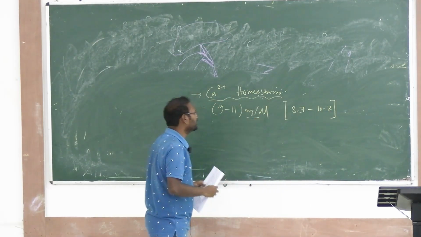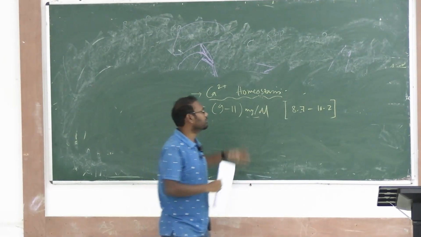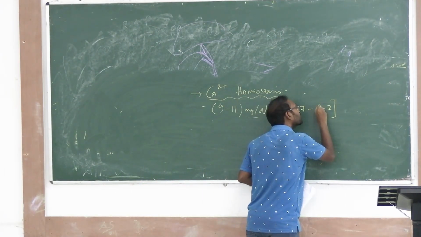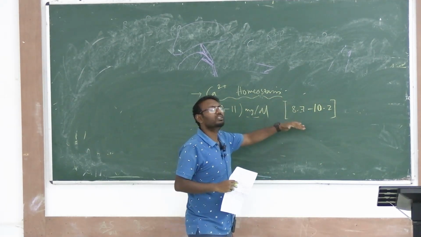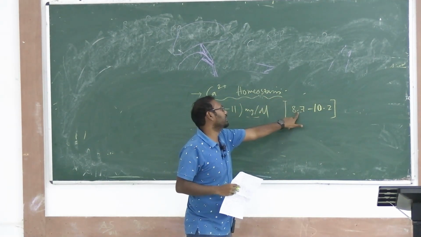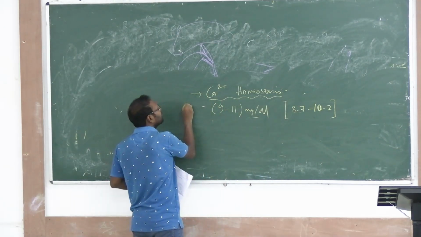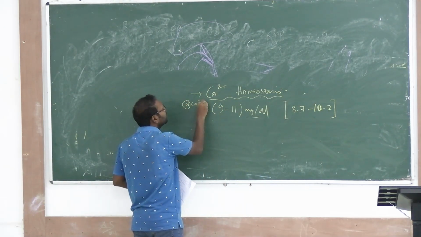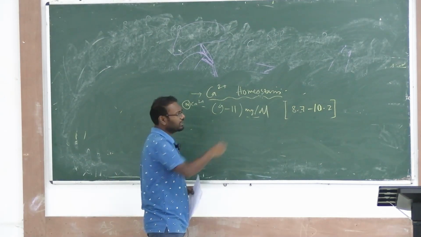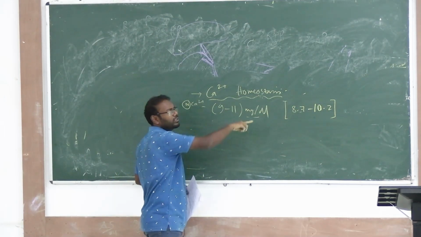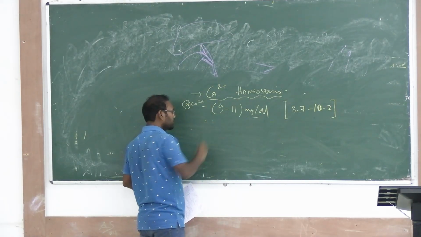Roughly we say 9 to 11, typically it is 10, but the exact amount is 8.7 to 10.2 mg per dL. That is the normal calcium level. In biochemical labs, when we get vitamin D, calcium checked, this is the reference point that is written on the side of it.